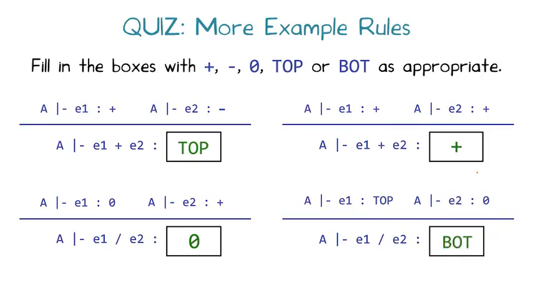Therefore, the abstract value of this expression is plus. Next, we consider the division of 0 by a positive number. This will definitely always output 0, and therefore the abstract value of this expression is 0. On the other hand, the division of any number by 0 is undefined, and so the abstract value of this expression is bottom.